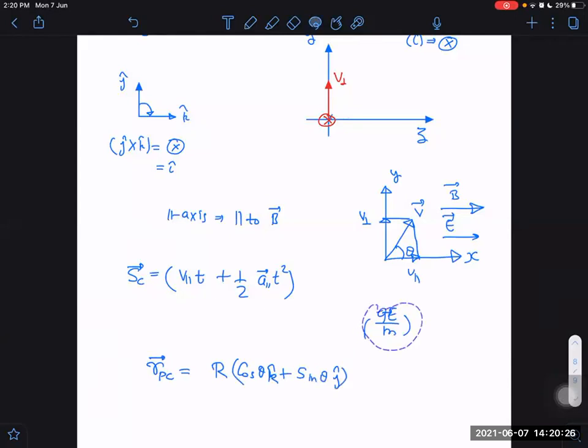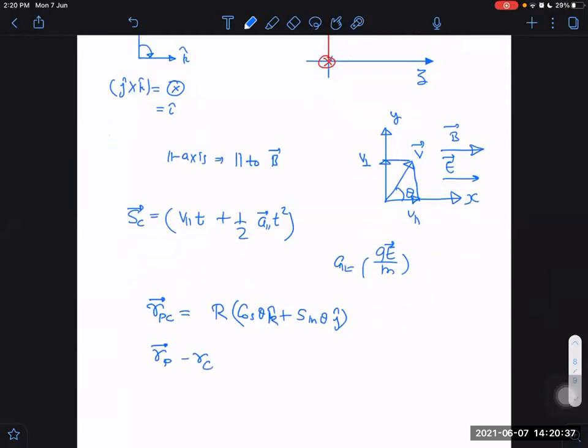What would it be? RP minus RC, and the displacement of the center is again RC minus RC naught. RC naught means the initial position vector of the center.